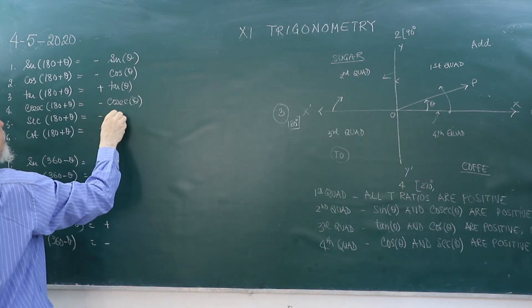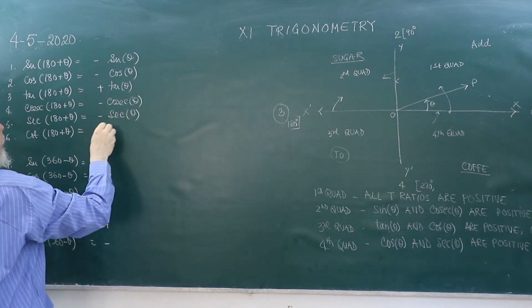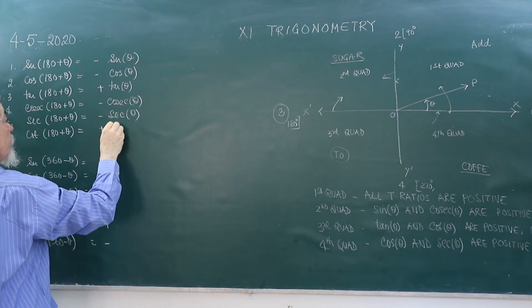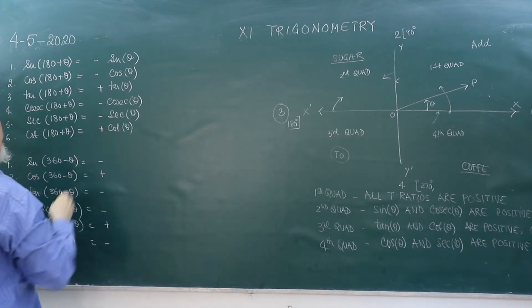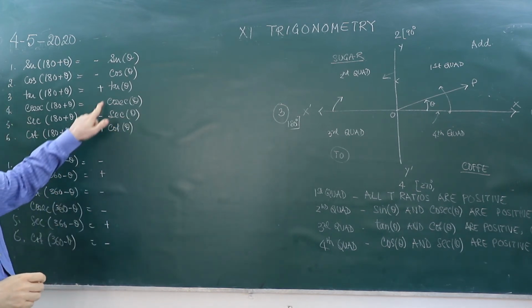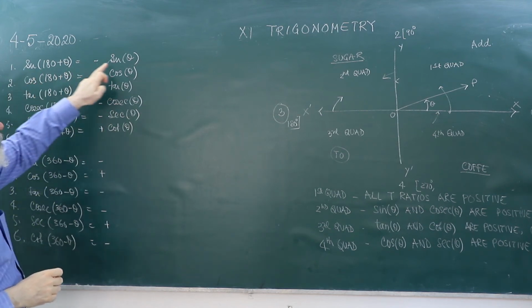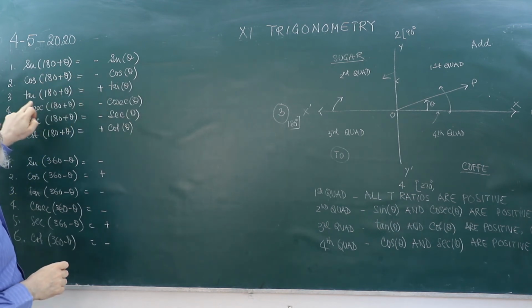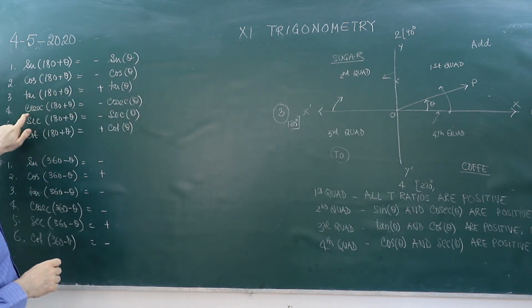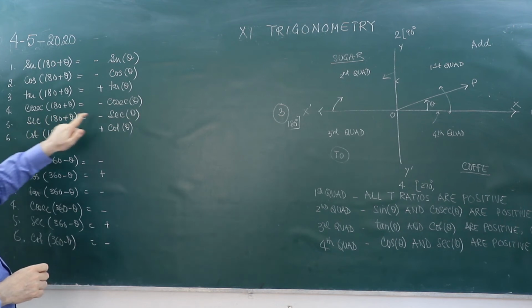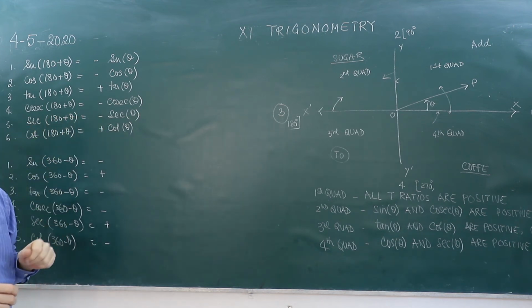This will be minus sec theta. And this will be plus cot theta. So the signs of tan and cot remain plus, the rest of the signs change, and sine remains sine, cos remains cos, tan remains tan, cosec remains cosec, sec remains sec, cot remains cot.